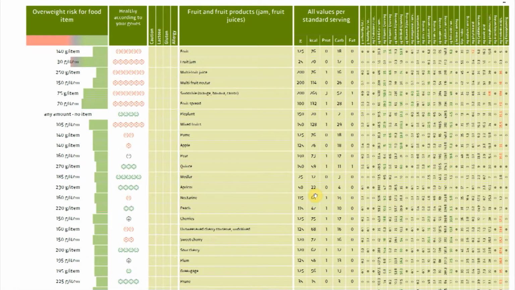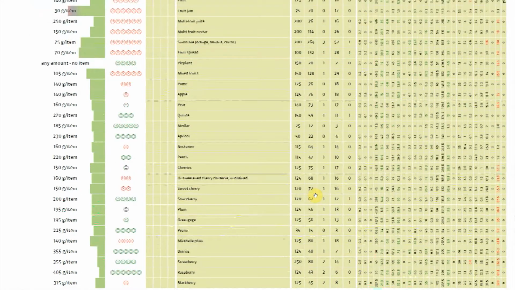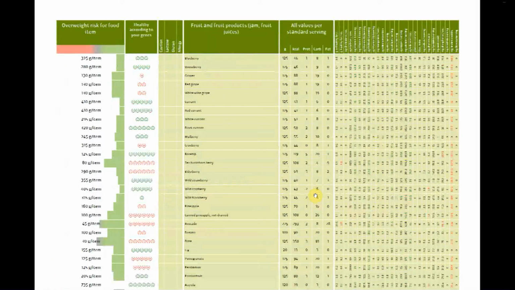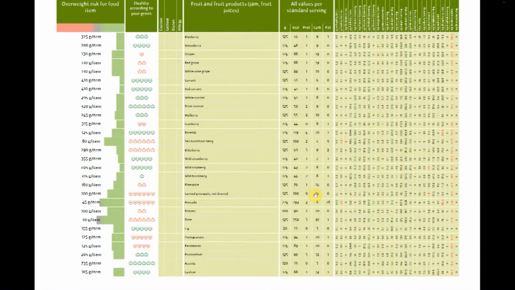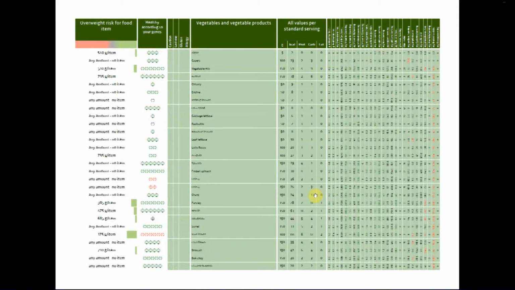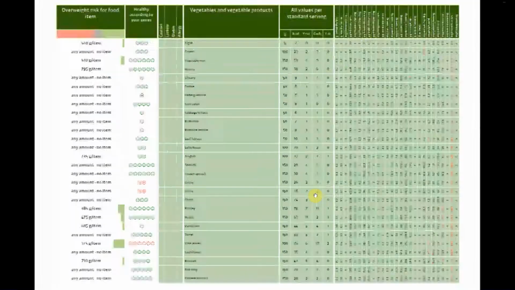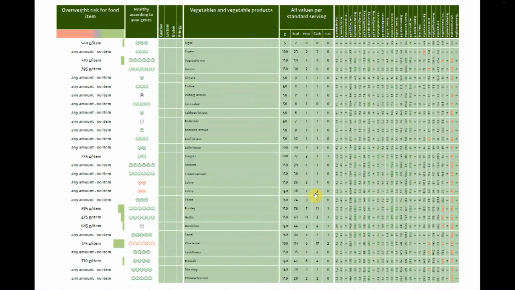In case you're ever hungry and you don't have any more food to eat because you've used up all of your items, then you can just look out for these and eat as much as you want. For different categories, in some cases you're going to see this quite a lot. So here, for example, all different types of salad and so on. So any amount, no item is a good intermediate snack in case you don't want to gain weight.